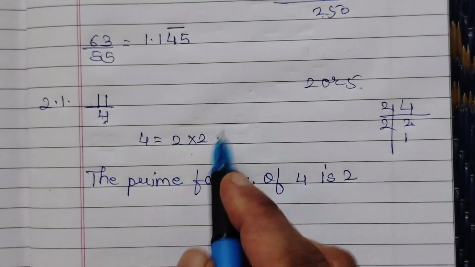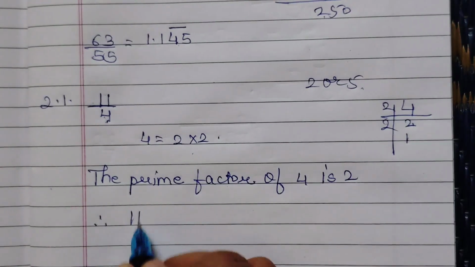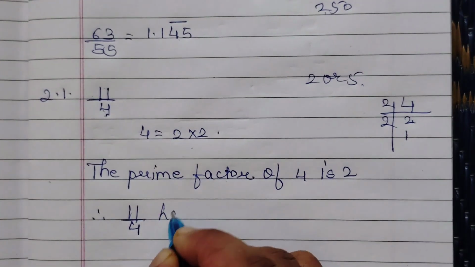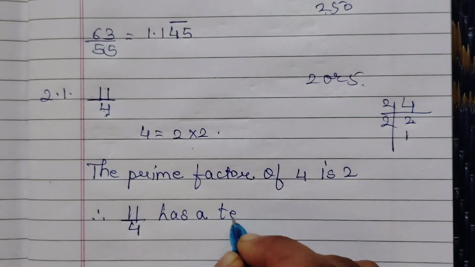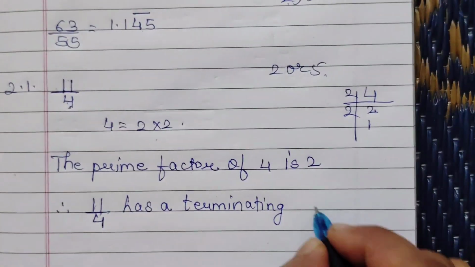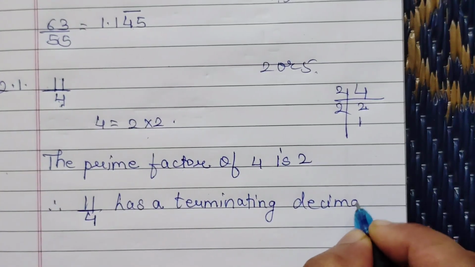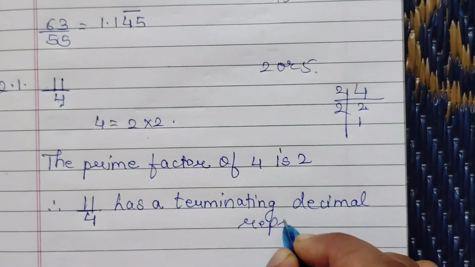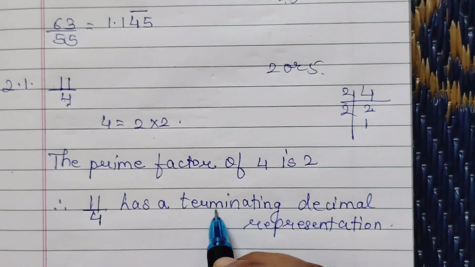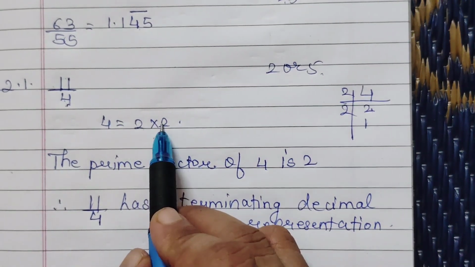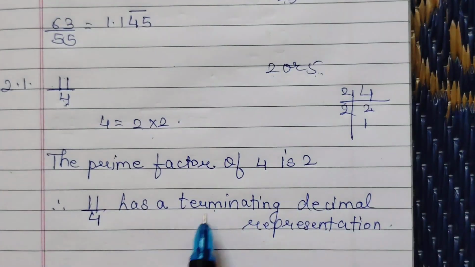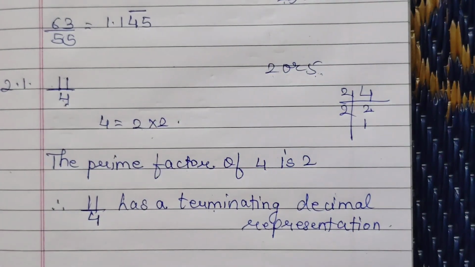Therefore, 11 upon 4 has a terminating decimal representation. When the factors we get of the denominator are 2 or 5, that time it is a terminating decimal representation.